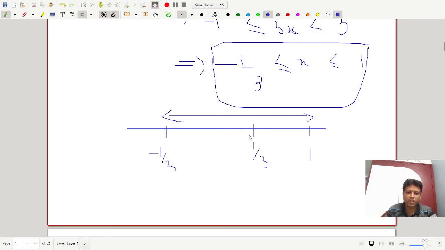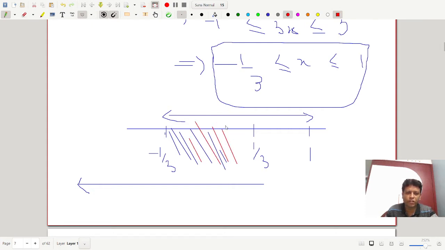Now what is the common portion between these two? This is the only common portion. Am I clear, everybody?